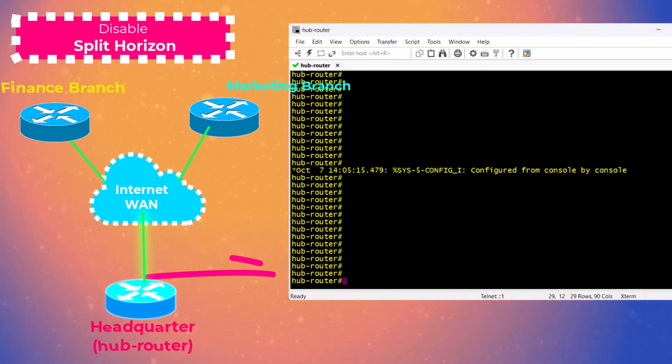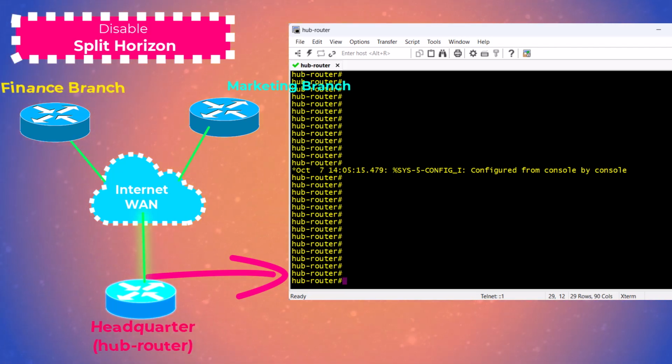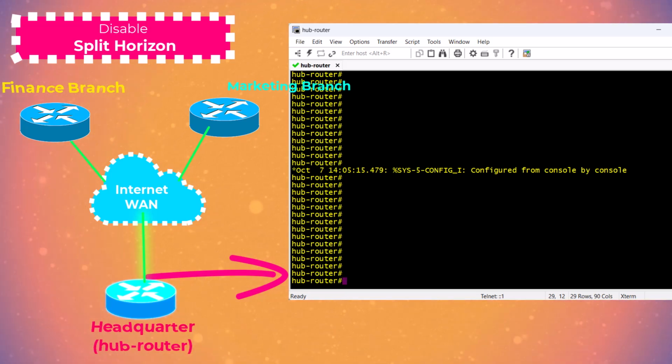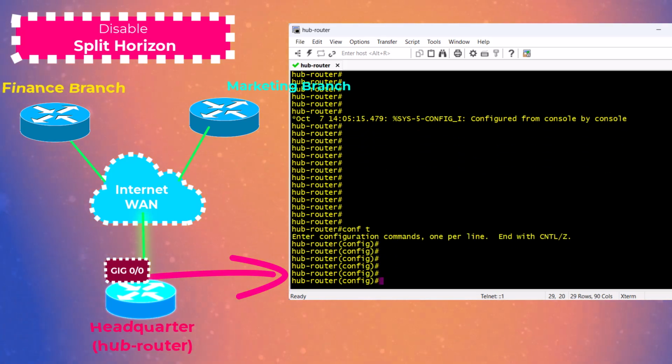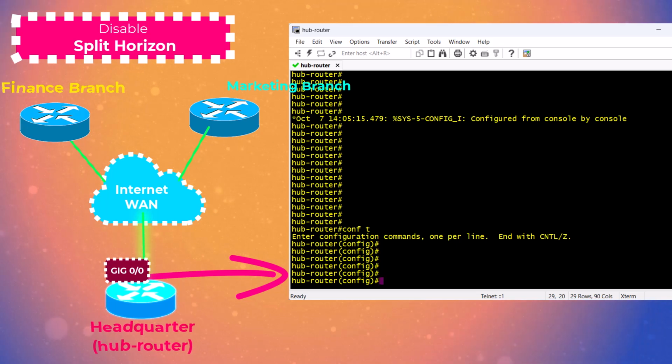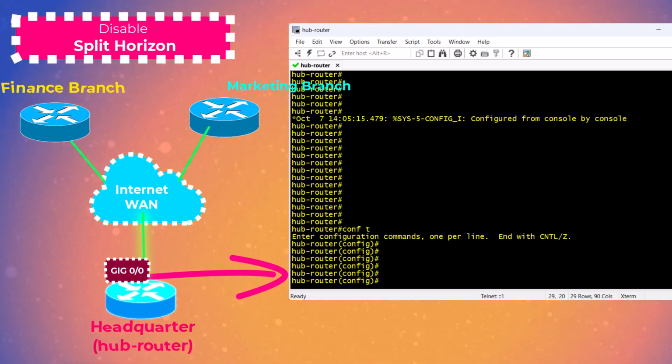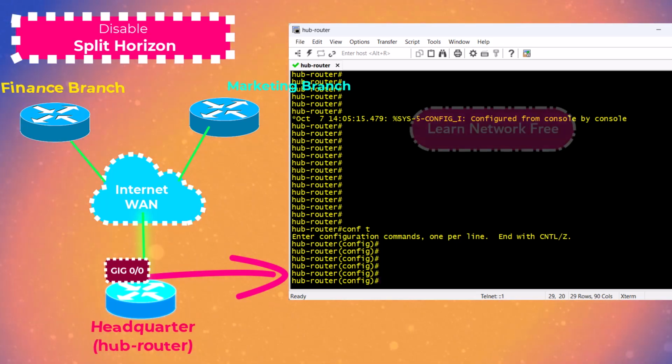Okay, this is how to disable split horizon in our frame relay topology. We get into the hub router, the router in headquarters in the middle, and we get into global configuration mode, and we have to get into the interface which is connected to the internet, the wide area network.